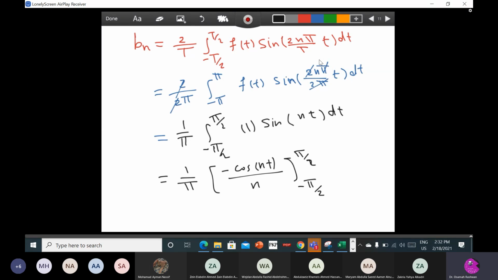So what's cosine pi over 2? And just write it down. Minus cosine, so I will have minus minus, so I will have 2 cosine n pi over 2.